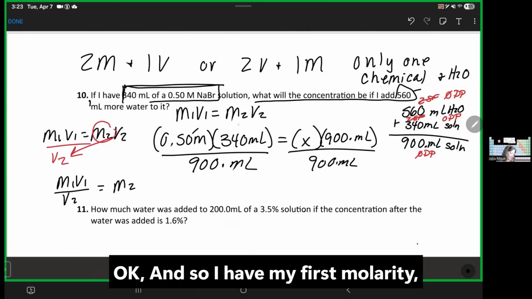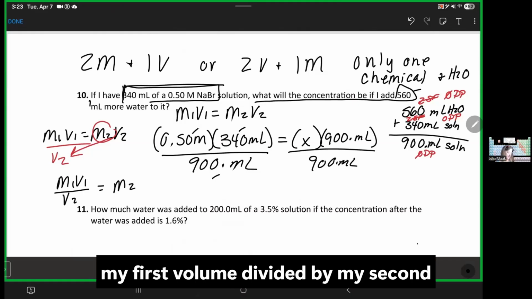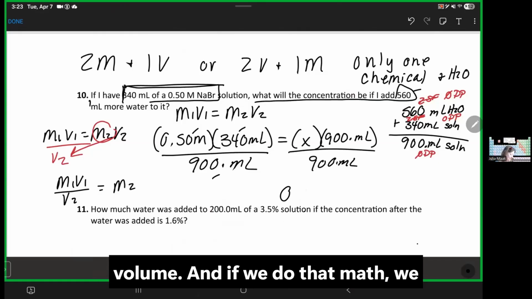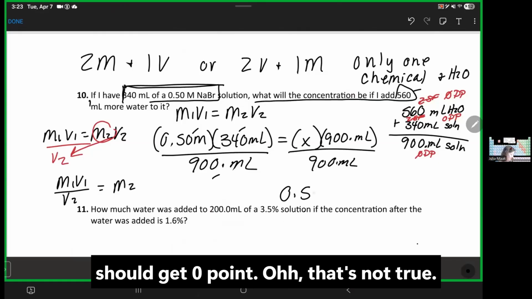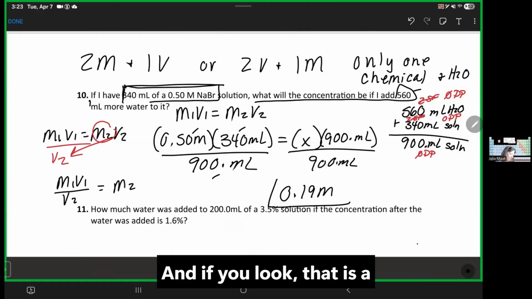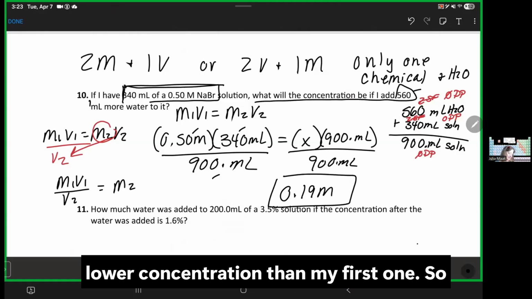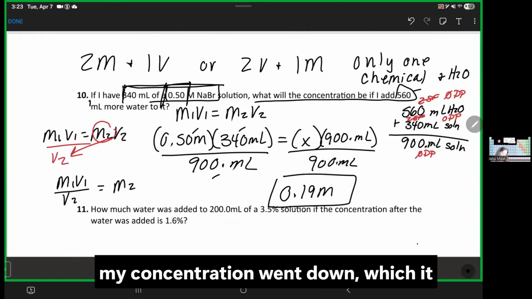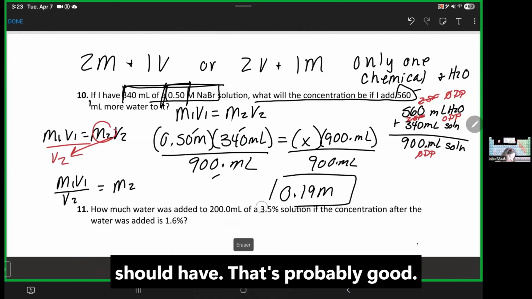Okay, and so I have my first molarity, my first volume divided by my second volume. And if we do that math, we should get 0.19 molar. And if you look, that is a lower concentration than my first one. So my concentration went down, which it should have. That's probably good.